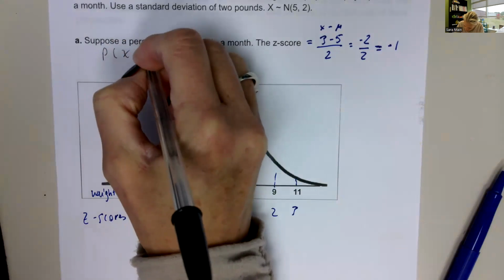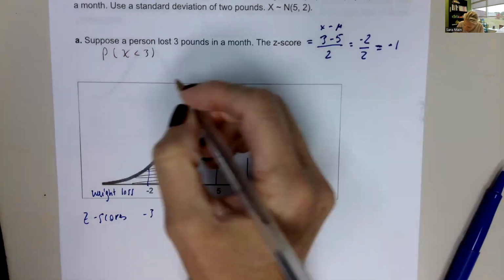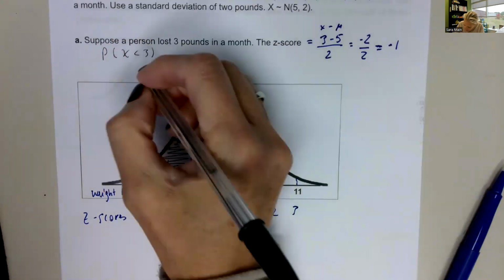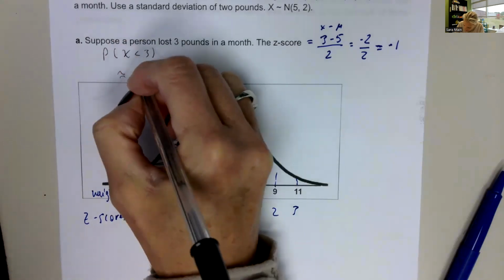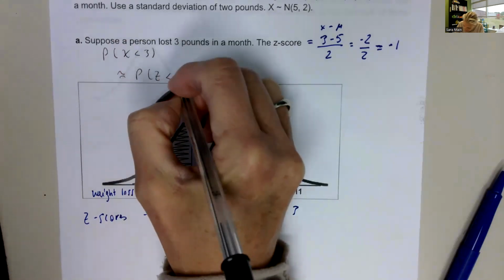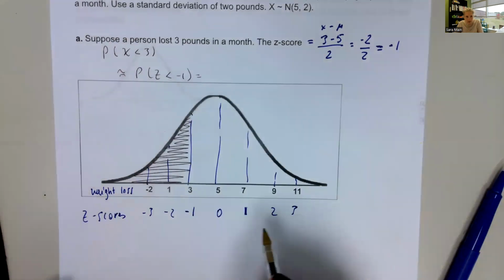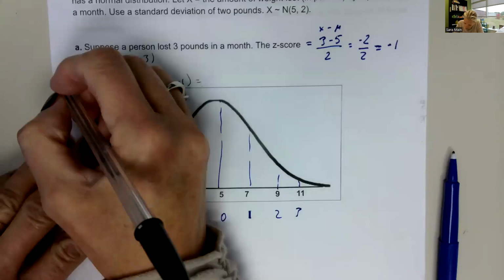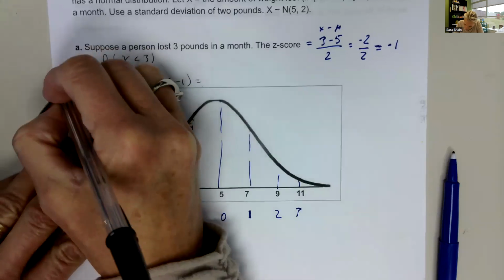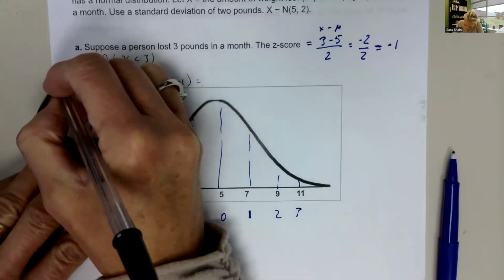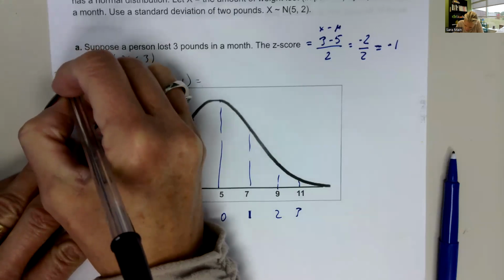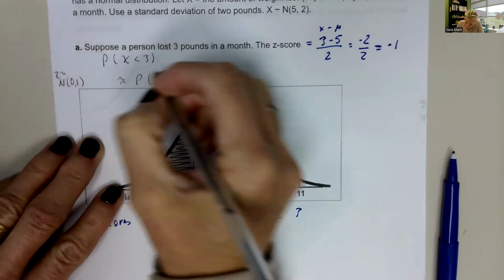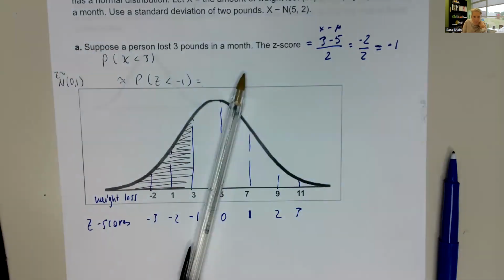Less than 3 pounds should be equivalent to the probability that z is less than a -1. So this one we already know from lesson 6.1 that if z is normally distributed with 0 and 1, we can find out this probability here.